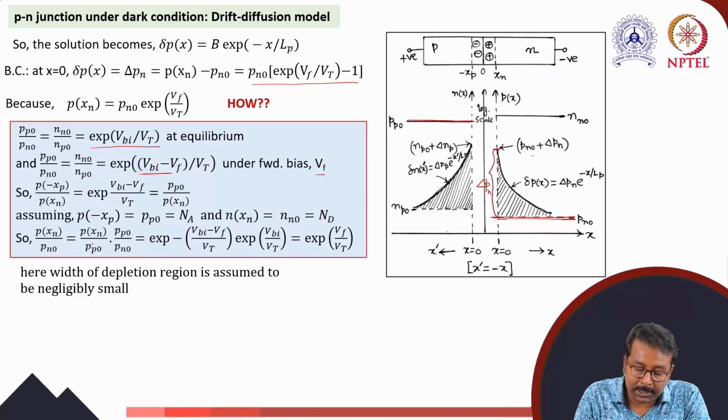So Pxn by Pp0 from this expression, yes, you see this is the value.